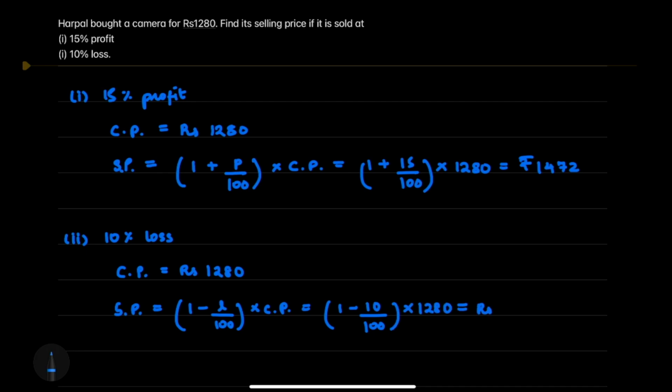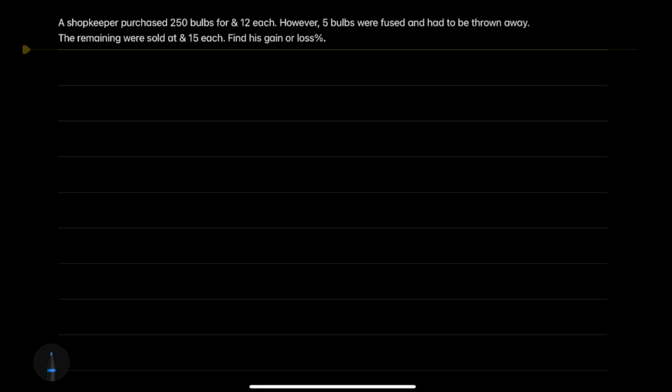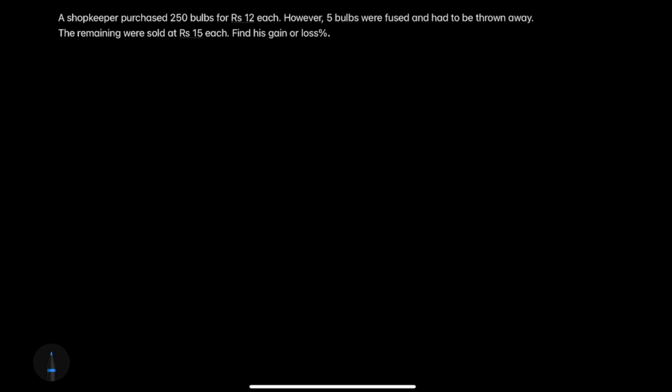And that is 1,152 rupees. So let's look at the second question. So now we have a shopkeeper that has purchased 250 bulbs for 12 rupees each. However, 5 of the bulbs are bad and have to be thrown away. So remaining 245 bulbs were sold at 15 rupees each. And now we have to find whether he had a gain or a loss and find that percentage.